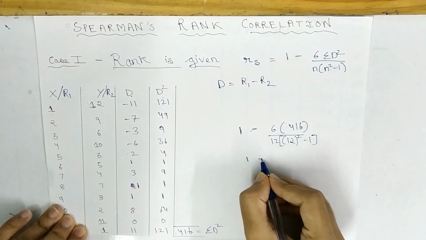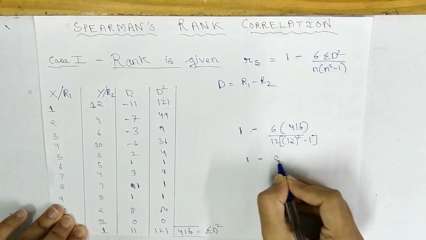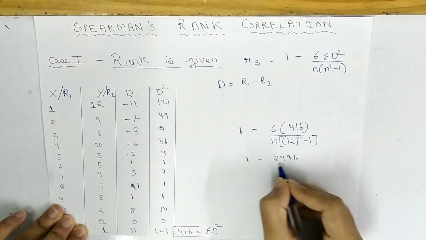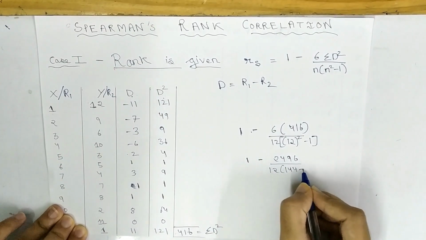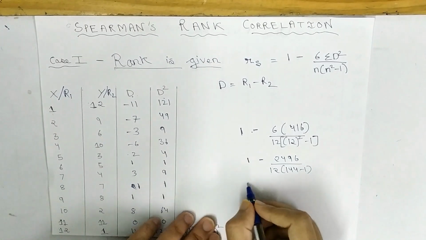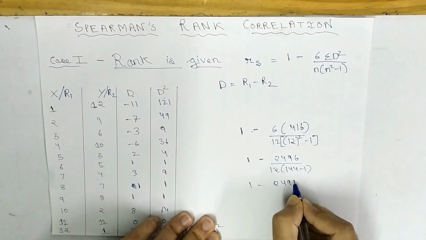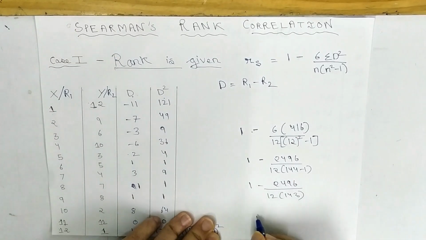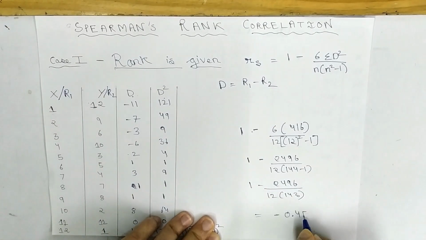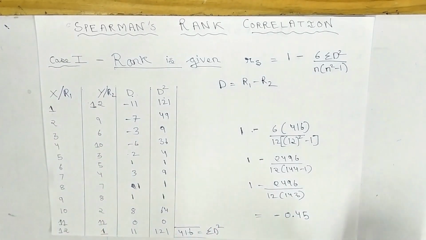This is 1 minus 2496 upon 12 into 144 minus 1. Now after the calculation we have the answer minus 0.45. This is case 1.